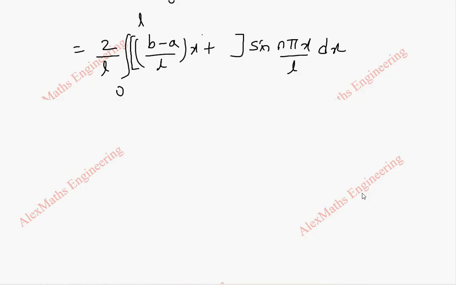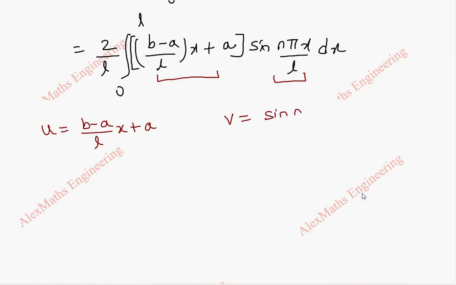Now to continue this integration, we are going to use Bernoulli's formula. This is u and this is v. So u equals b minus a by L x plus a, and v is sin(n pi x by L). u dash is b minus a by L alone, because the differentiation of x is 1 and the constant a differentiates to 0. u double dash is 0, since b minus a by L is fully constant.